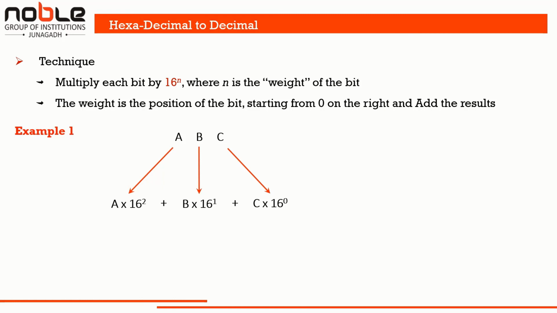In hexadecimal, A is equal to 10, B is equal to 11 and C is equal to 12. So the result is 10 into 16 raised to 2 plus 11 into 16 raised to 1 plus 12 into 16 raised to 0. Use the calculator and get the answer. The ABC hexadecimal is equal to 2748 decimal.